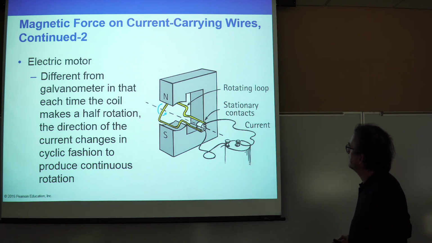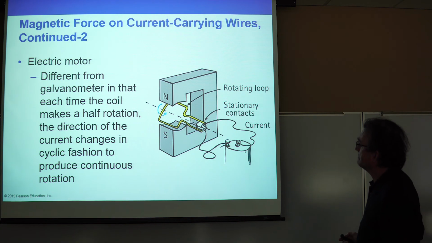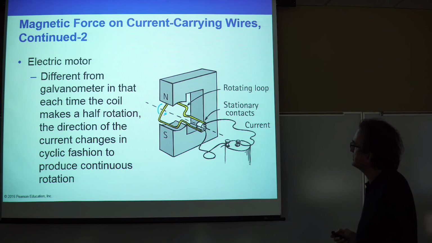And the other important factor of this is that when it reaches the point where the area of the loop is passing right through the magnetic field, the direction of the current reverses itself so that the rotation will continue to go in the same counterclockwise direction indicated by this arrow.